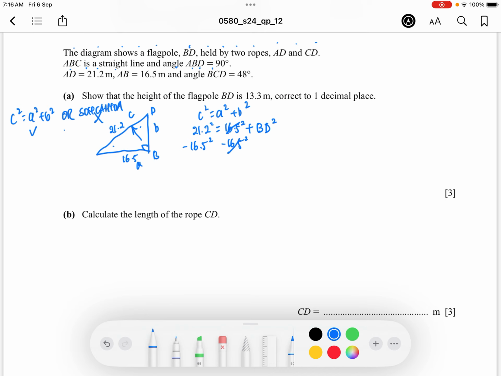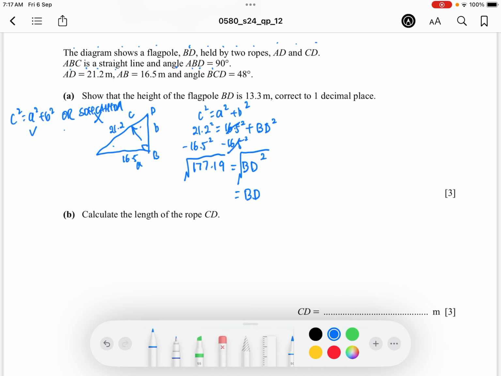And you get, using a calculator, 21.2 squared minus 16.5 squared, that gives you 177.19 equals BD squared. Square root both sides. Square root of BD squared is BD.